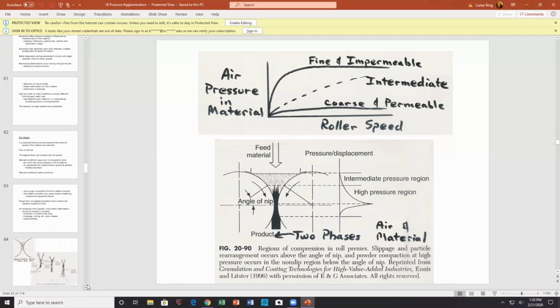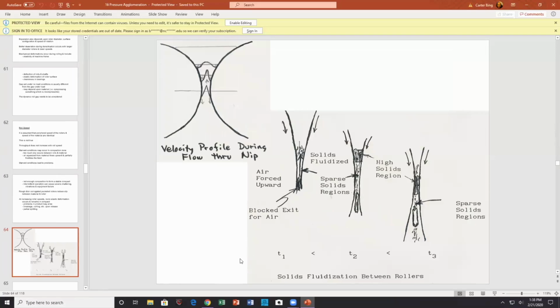So what I really want to know is this. Let's now reevaluate what we saw here. We have two rollers like that, and we have our feed coming in. The feed contains air. Now the solids are pulled into the zone, pulled in together, and pulling the airstream.